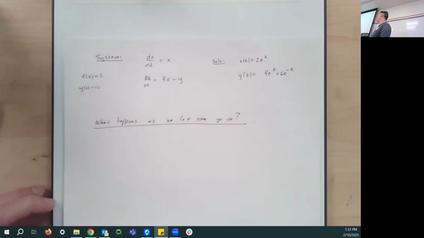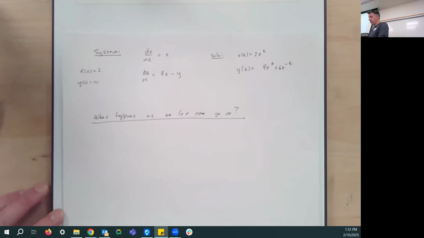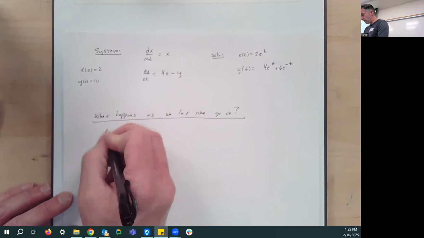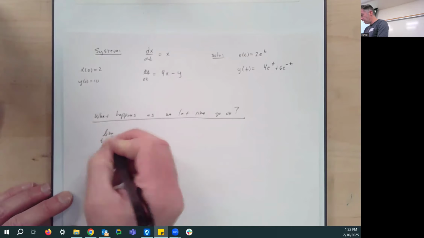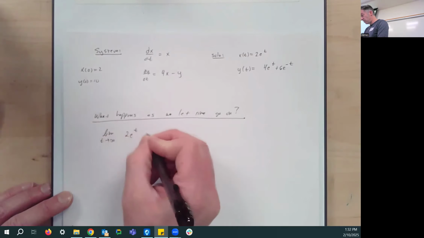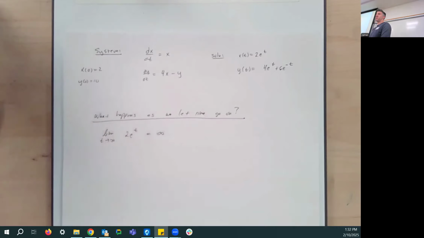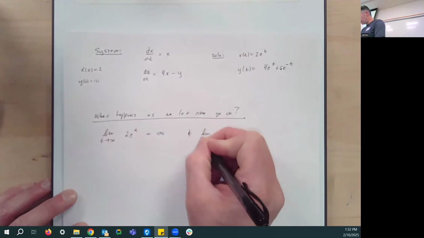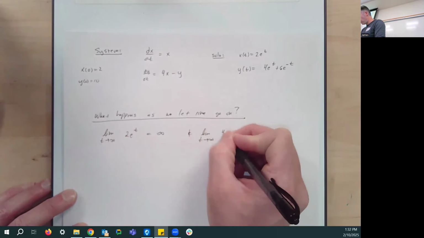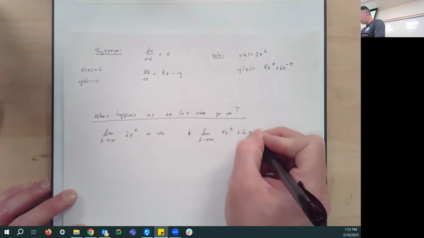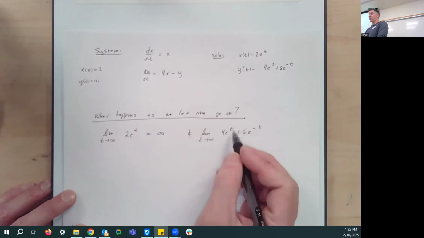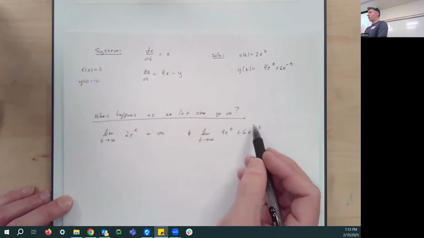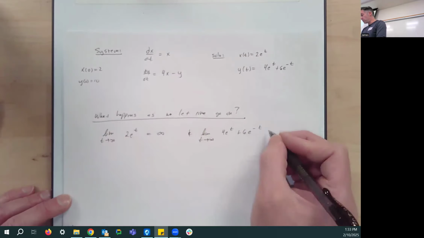Those are just lots of words for what's the limit as t goes to infinity. For x of t, the limit as t goes to infinity of 2 e to the t is infinity. E to the big number is a big number. And similarly, the limit as t goes to infinity of 4 e to the t plus 6 e to the negative t: that first part is going to get infinitely large, and that part is going to get closer and closer to 0. So still infinity.